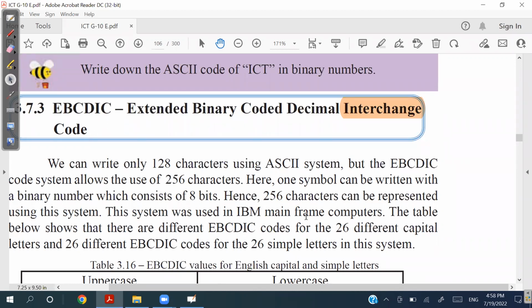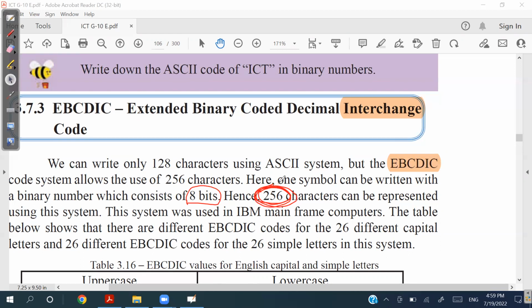So as a solution, they introduced another coding system called EBCDIC, Extended Binary Coded Decimal Interchange Code. It is an 8-bit representation, which lets you identify 256 different characters.